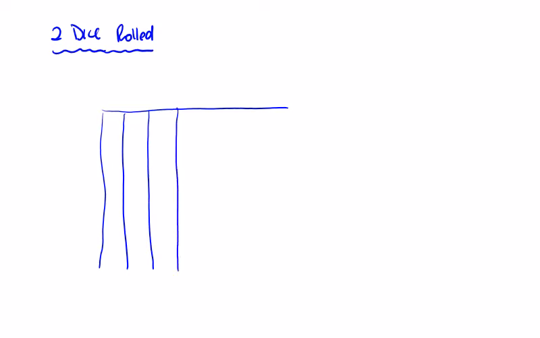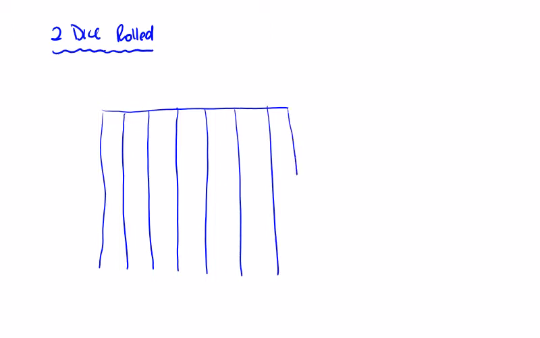So many of the questions in probability are based around dice. So let's do a set of 2 dice being rolled. Let's see what we have here. So I want a 1, a 2.